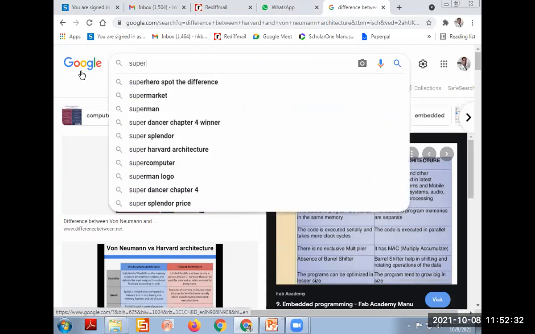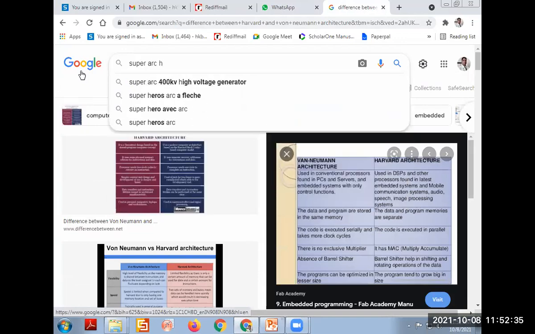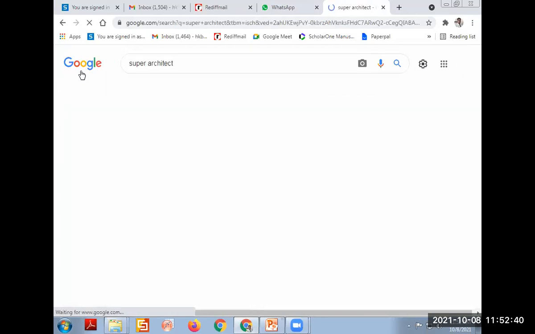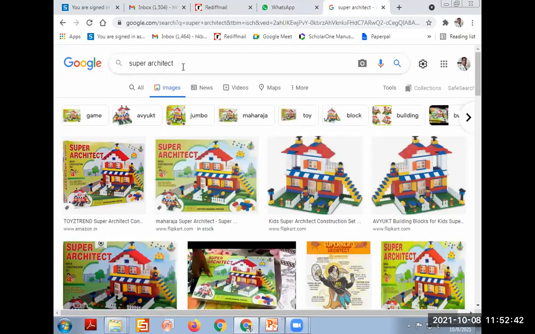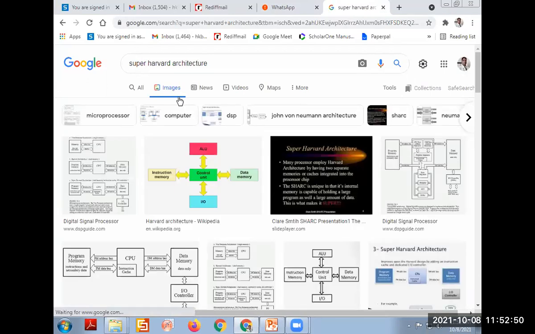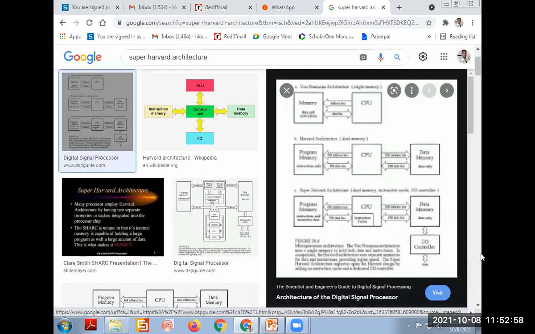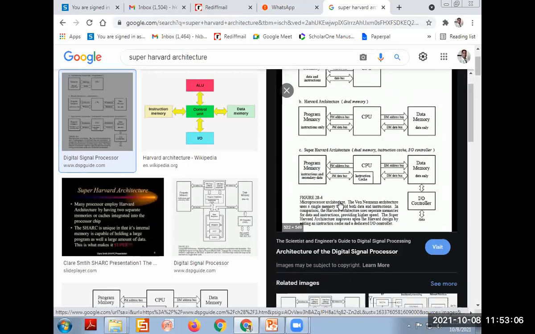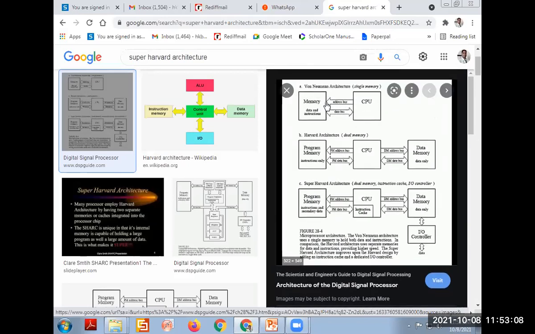Super Harvard architecture, immediately I'll show it. If you observe here, this is simple Von Neumann.